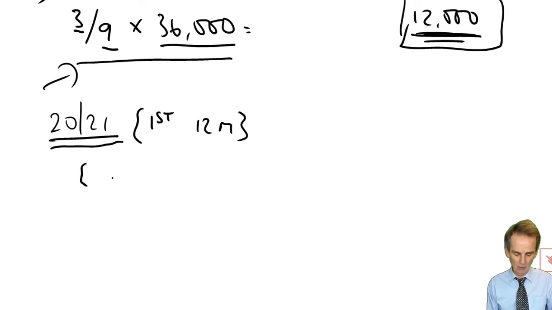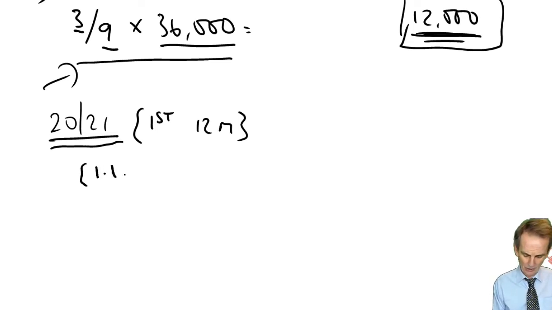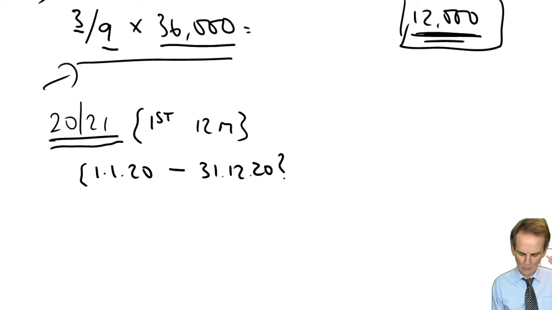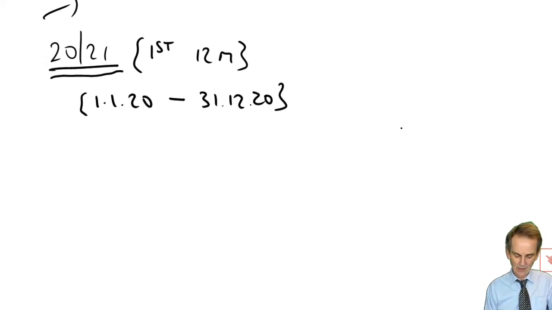What would that be as a basis period? We started on the 1st of January 20, and therefore a date 12 months later would be the 31st of December 2020. There is your first 12 months basis period. Okay? What profits will therefore be included therein?